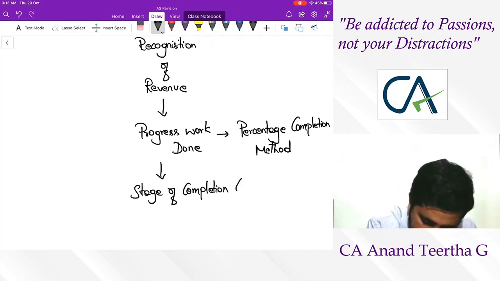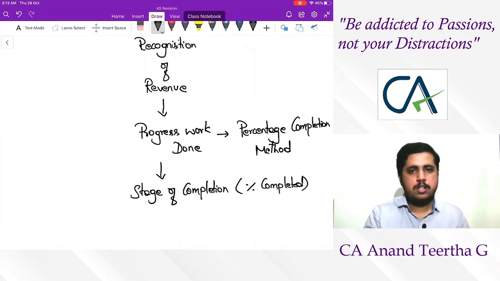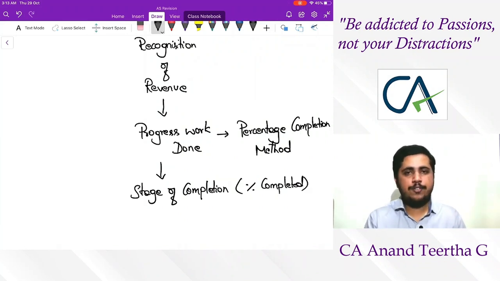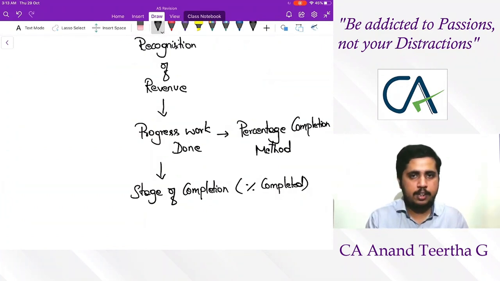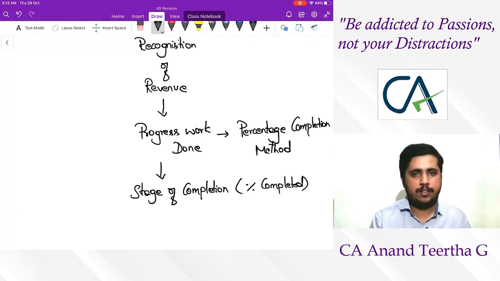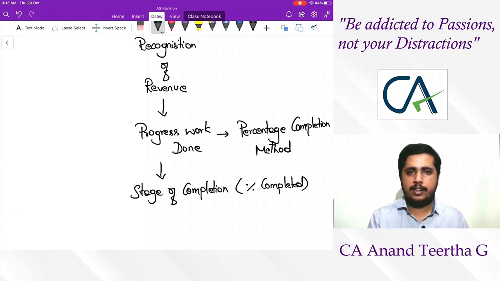It will tell you the percentage completed. So when you calculate the stage of completion, it tells you, of the total 100% project, how much percent is complete right now or till now. So according to the stage of completion, you are going to calculate the revenue.